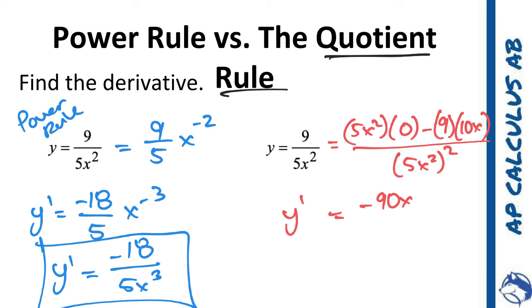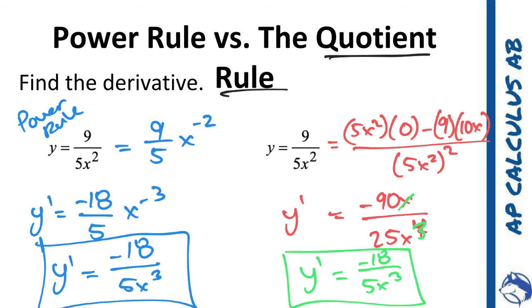It'd be negative 90x over 25x squared. Sorry, x to the 4th. Then I cancel out some of the stuff here. Negative 90 over 25 ends up being equal to negative 18 over 5. Hopefully you can see that that ends up being the same exact thing. Don't forget to put your y prime right there.